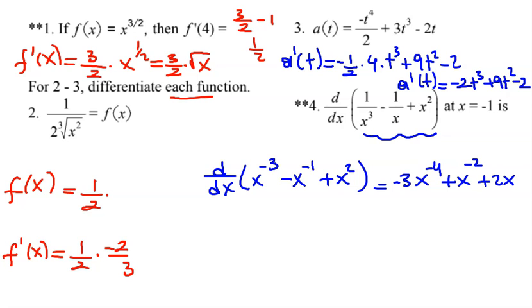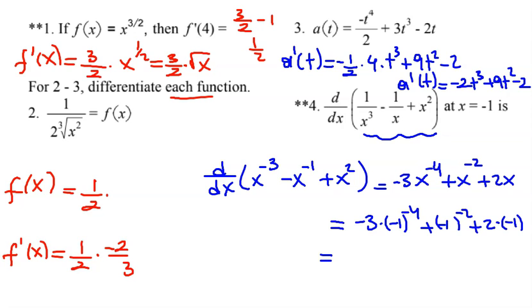So now I'm going to evaluate this answer at x equals -1, which means I'm going to switch all x by -1. So we get -3 times -1 to the power of -4 and plus -1 to the power of -2 and plus 2 times -1.